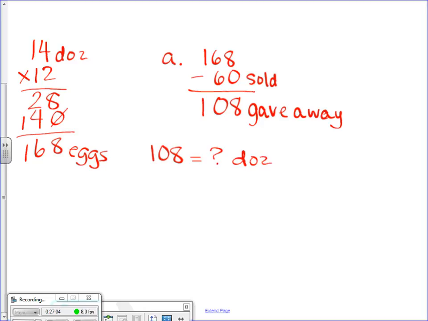So you divide by 12. How many times can 12 go into 108? 9. So he gave away 108 eggs, which is also equal to 9 dozen. But that's just A.